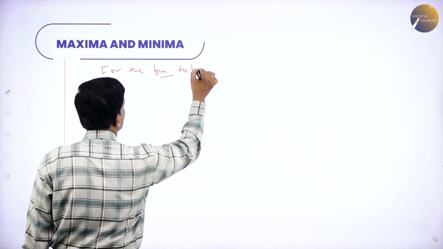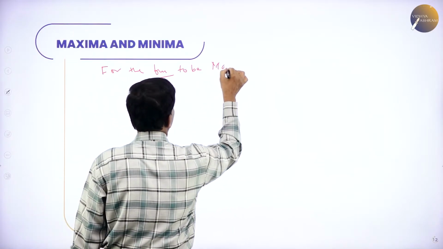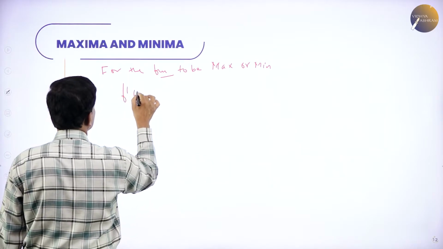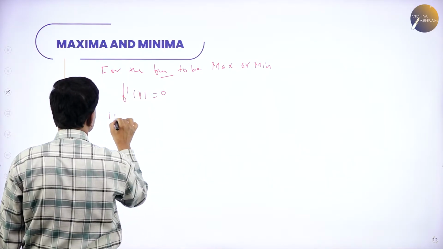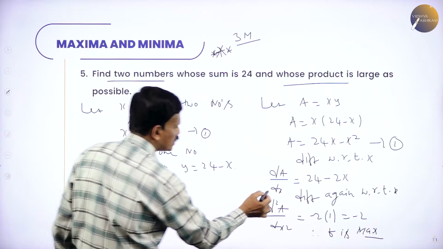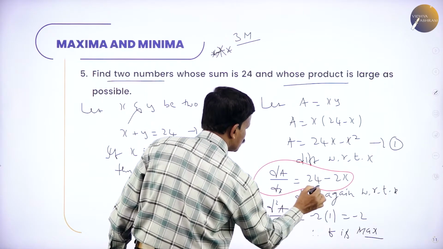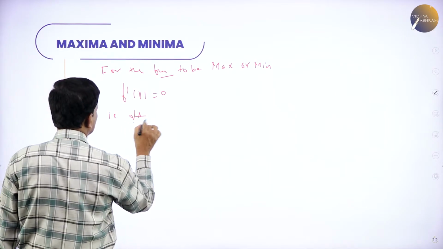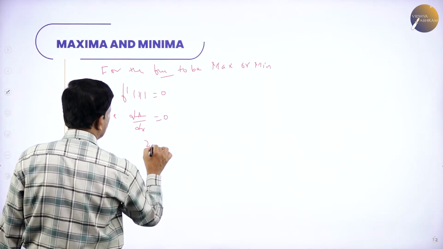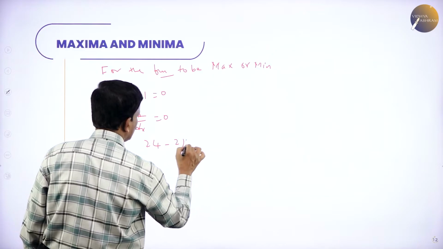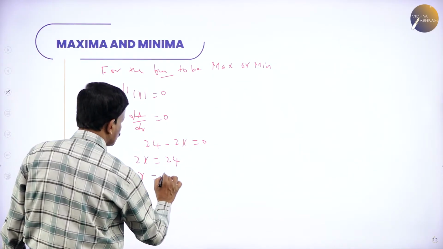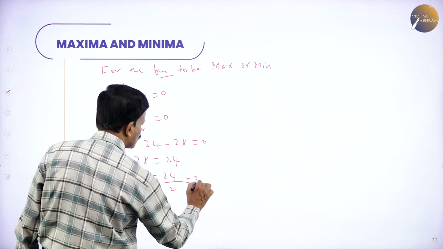As we know, for the function to be maximum or minimum, f dash of x is equal to 0. What is f dash of x? dA by dx is equal to 0. That is nothing but 24 minus 2x is equal to 0. Therefore, 2x is equal to 24, x is equal to 24 by 2, that is equal to 12.